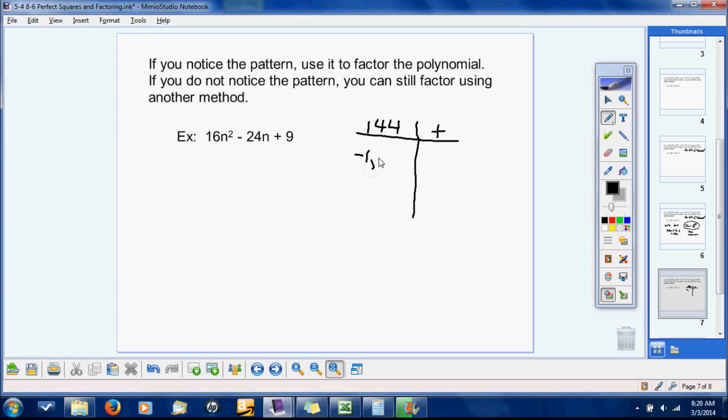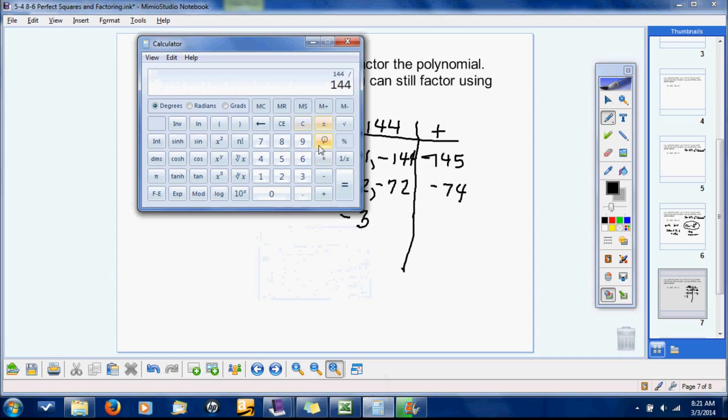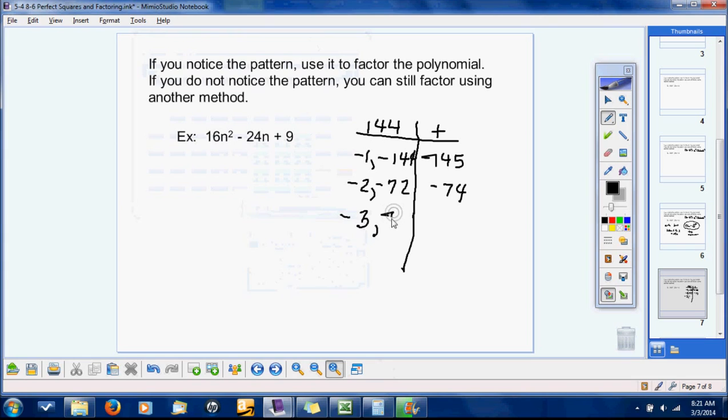Negative 1, negative 144, that doesn't work. Negative 2 would give us negative 72. That doesn't work. Negative 3. Once again, you can use your calculator to divide. That would give you 48. Not there yet.